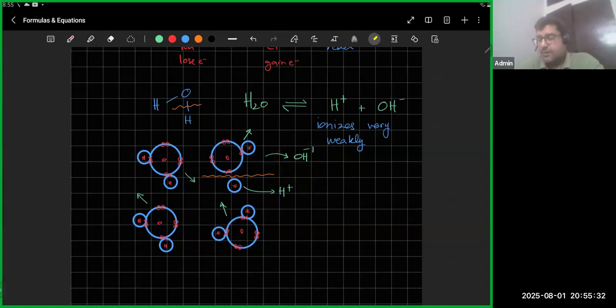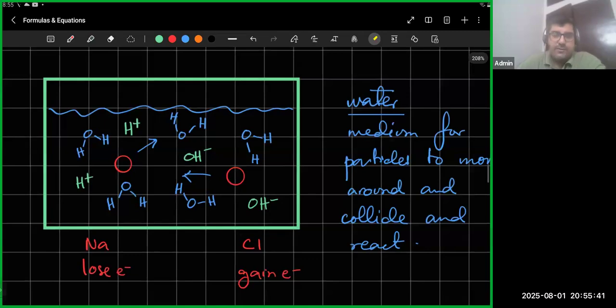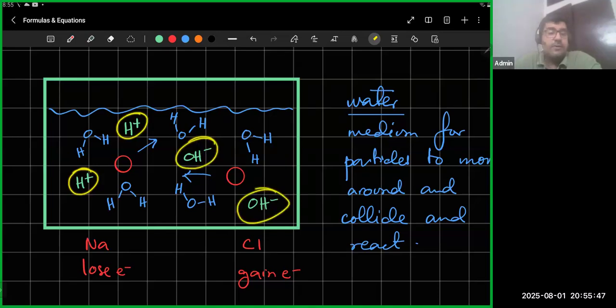That's called ionization of water, or dissociation of water. So water tends to ionize. When you see water, it's not always just H2O. There's going to be some H+1 ions and some OH ions over there as well.